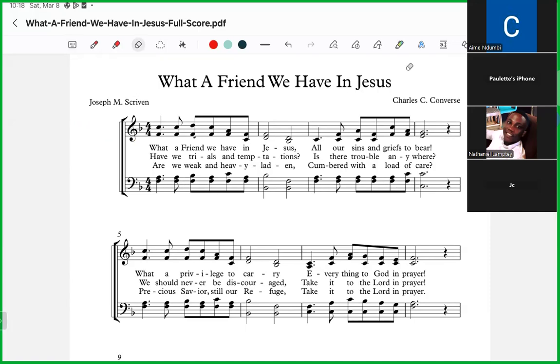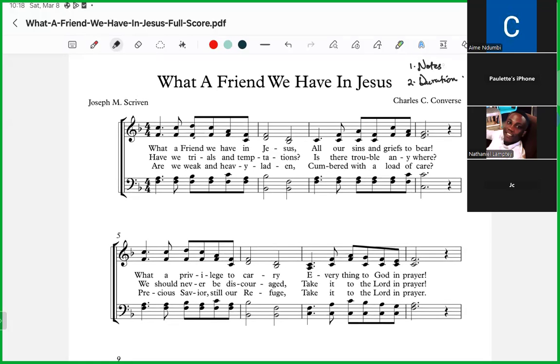We can do two things here. One, identify the notes, and the second thing is the duration of the notes. These are two very important things you have to know: what note this is, and the duration.